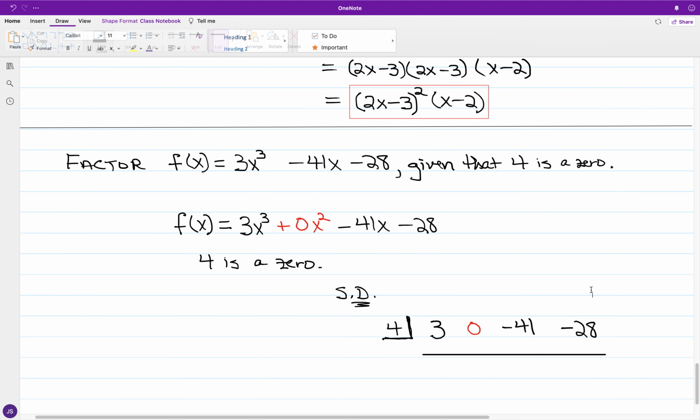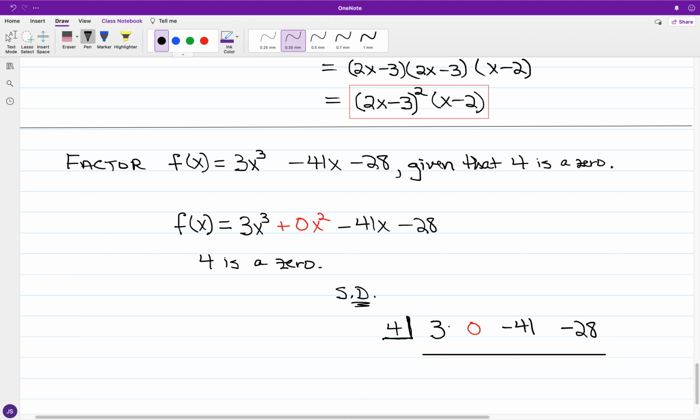Looking at applying synthetic division, 3 is the leading coefficient, and this will be brought down. Then we have 3 multiplied by 4, which is 12. 0 plus 12 is 12. Then 4 times 12 is 48.